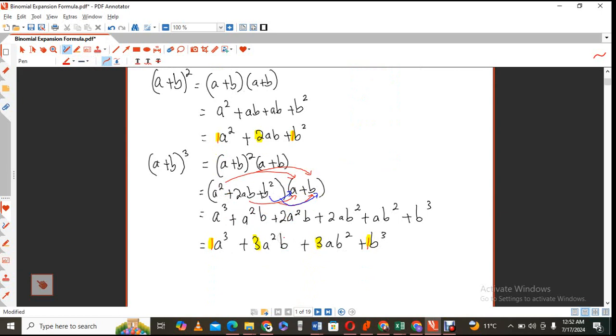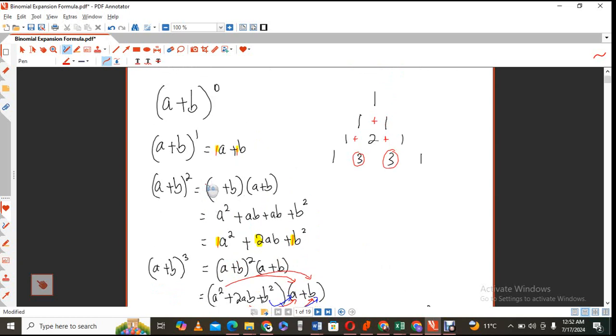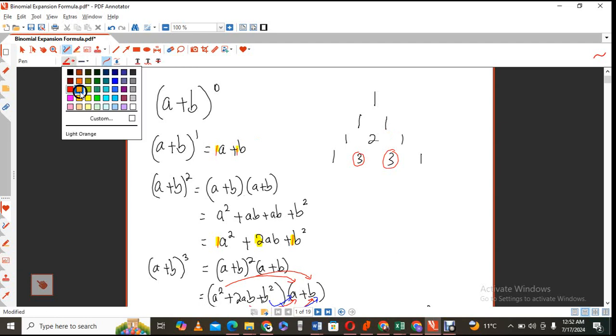So if we were to look for (a plus b) all raised to the power of 4, we can follow a general pattern that is there. So we're going to continue to the special triangle, and we are going to see how we can find those missing values. So again, I'll start off and maybe I'll just get this in blue.